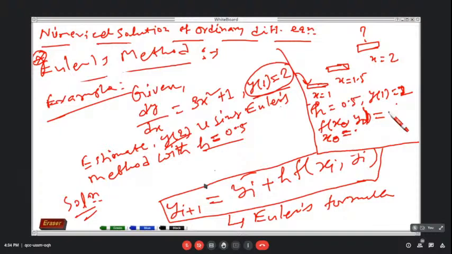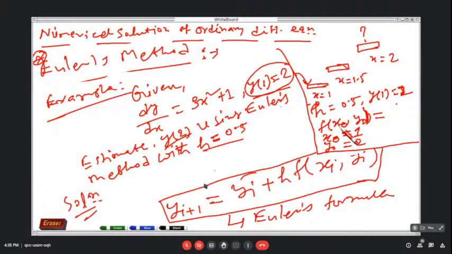So which value of x is given? Exactly, 1 is given, right, and the corresponding y0 is also given, 2.